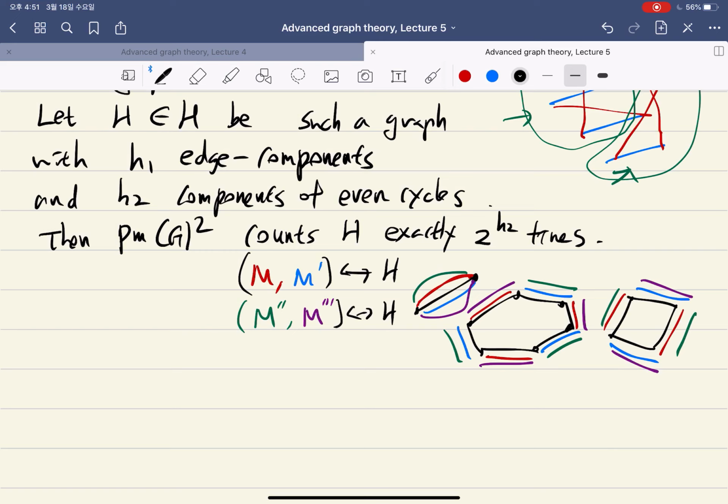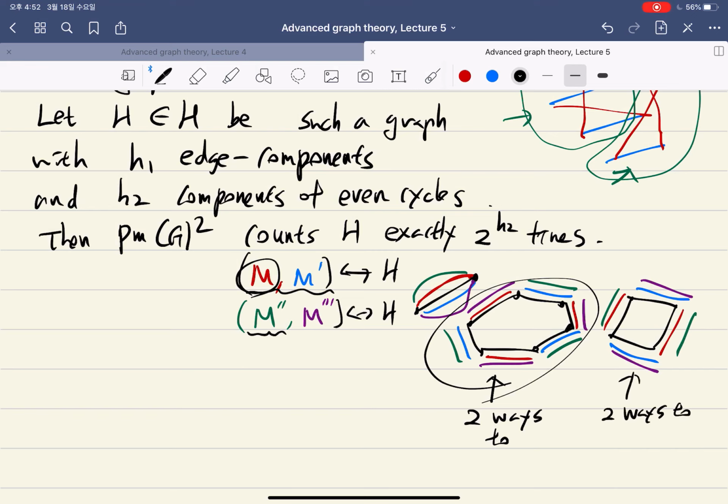See what I just did? You take the same M and M', but in one component you shift it. These red edges belong to this M, but now in the blue graph you take the other matching here, which gives you M''. So here there are two ways to divide these 6 edges into two 3-edge matchings, and here also two ways to divide the edges into matchings.